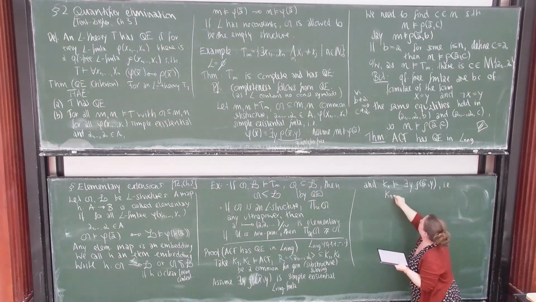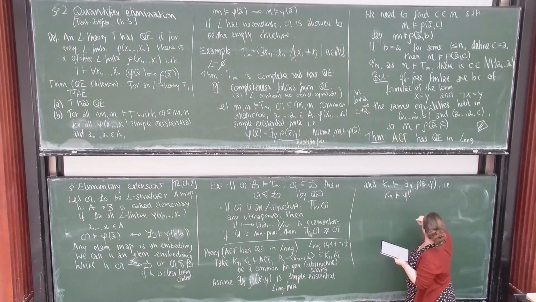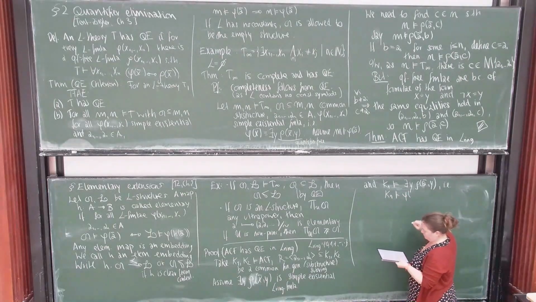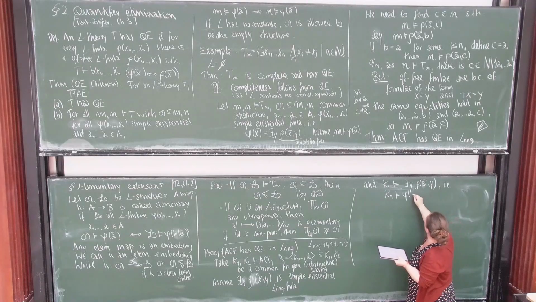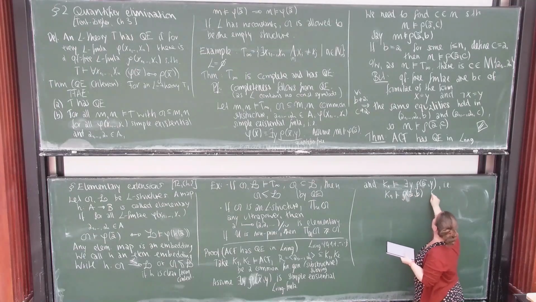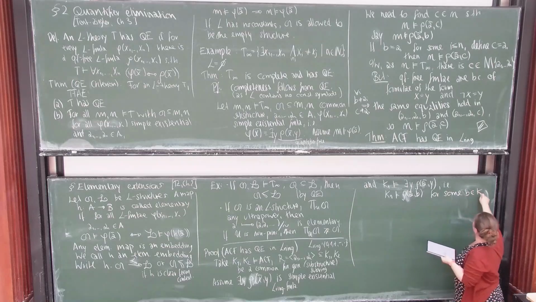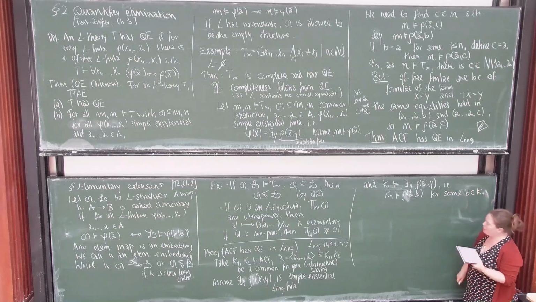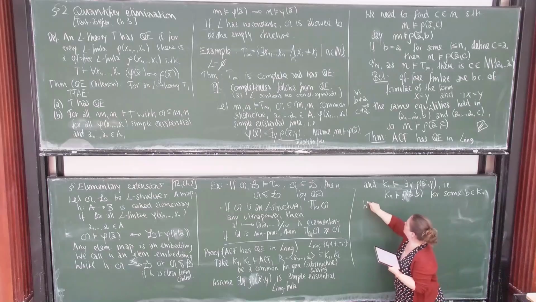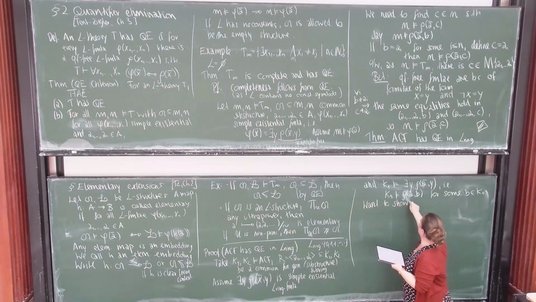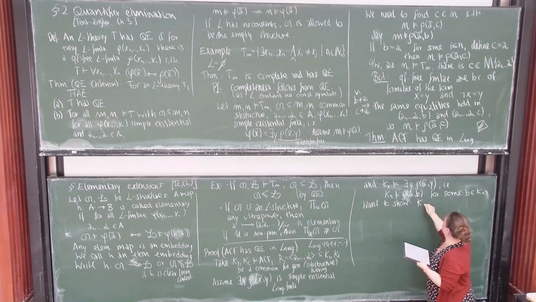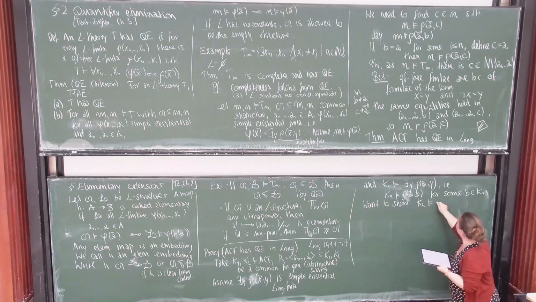I.e. K1 models rho of A bar comma B for some B in K1. Okay, so now I want to show, let's say, that it holds in K2.